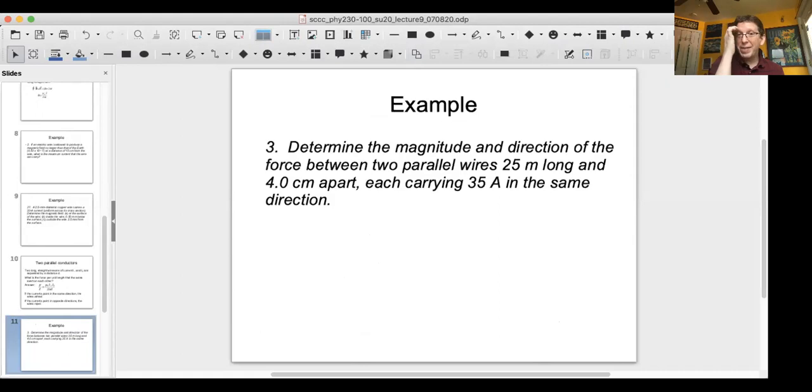It's 25 meters long, so we're approximating them as long straight wires at this point. We're assuming that the effects of the magnetic fields at the edges of the wire don't negligibly affect the end result. So we can still use this long straight wire approximation.